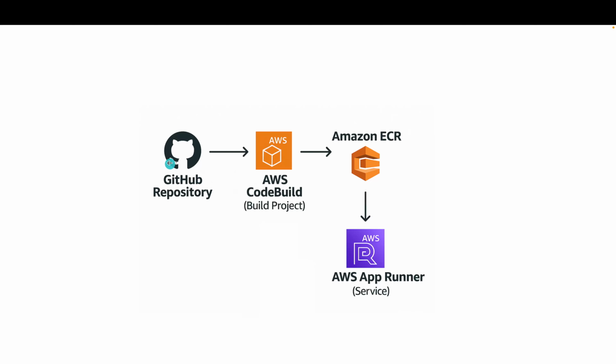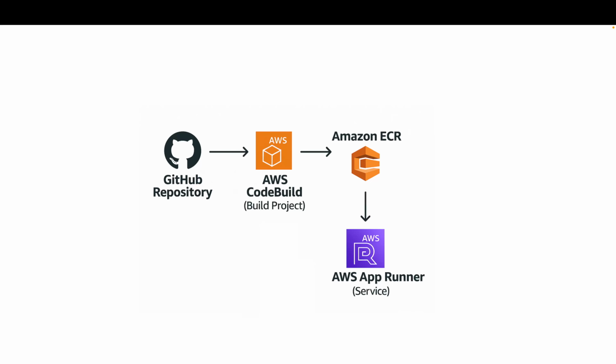So the major components will be a GitHub account and an AWS account. When we are going to deploy the application on App Runner, there is one question that comes to mind: why App Runner? Why not EC2 or ECS?